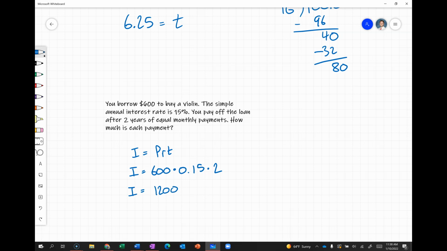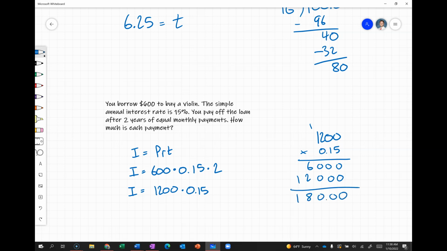So 1,200 times 0.15 will tell us the total interest. So the simple interest is $180.